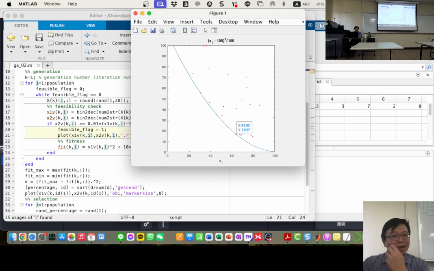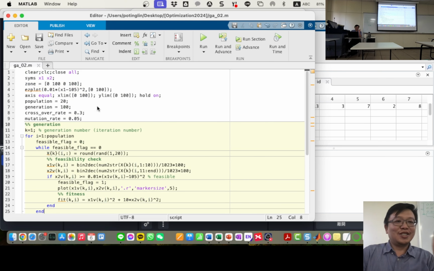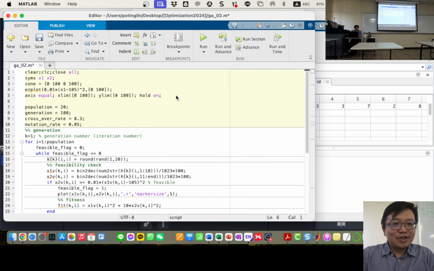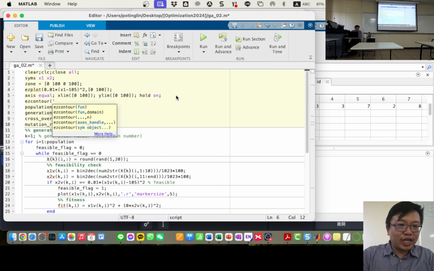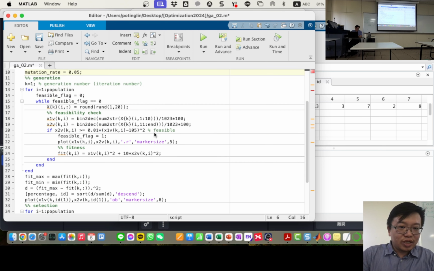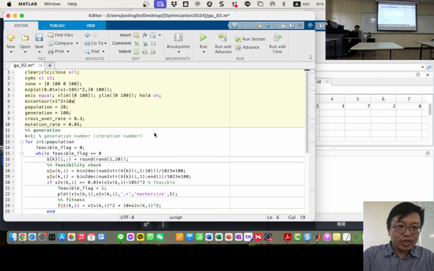I want to draw the quadratic objective function just to double check. So let me plot out the contour, and my objective function is x1 squared plus 10 times x2 squared.